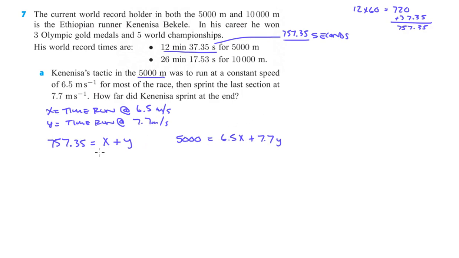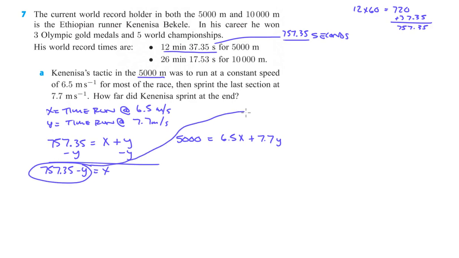That's the hard part. Now we can take those two and put them next to each other and use them to solve. On this one, since we have a nice X and a Y, I might just subtract a Y from both sides and say X equals 757.35 minus Y. And I'm going to plug that in for this X right here.